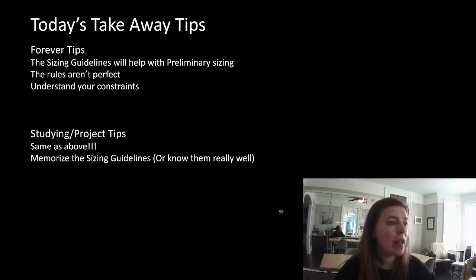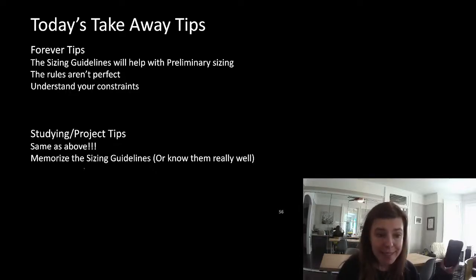Okay, forever tips. The sizing guidelines are going to help you with all of your preliminary sizing. The rules are not perfect. Use them with a grain of salt and understand your constraints. So stop and think about what you're trying to do with those sizing guidelines when you apply them. The studying and project tips are the same as above. I say here, memorize the sizing guidelines. You should just have them with you all the time.